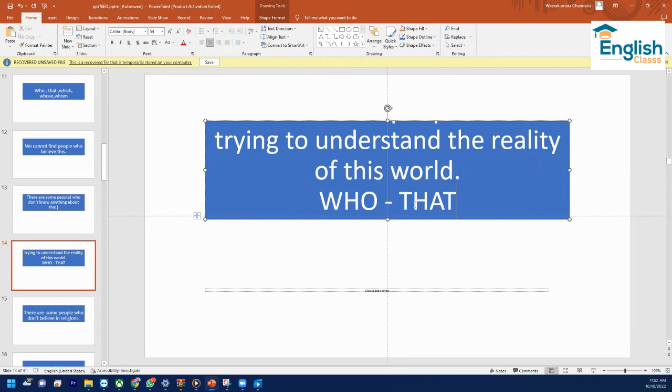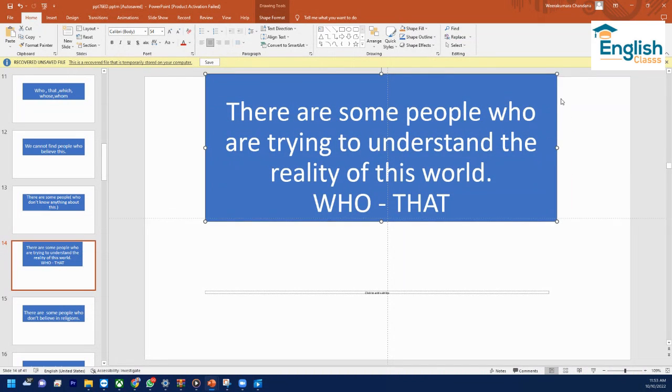You can use the word that as a relative pronoun instead of who. Therefore, you can say the same idea by using the relative pronoun that.